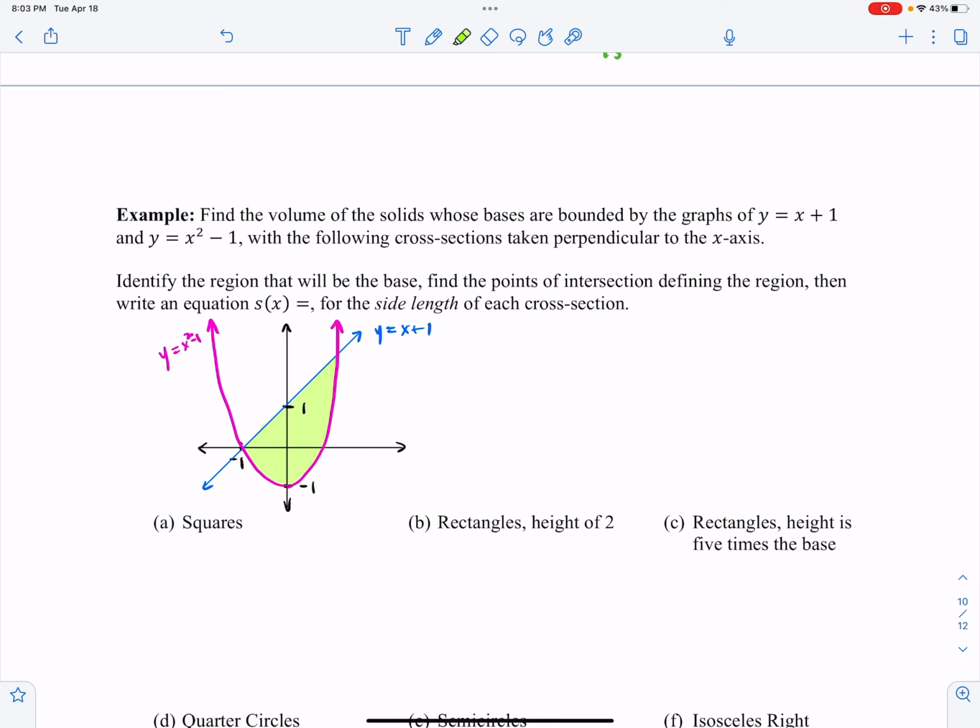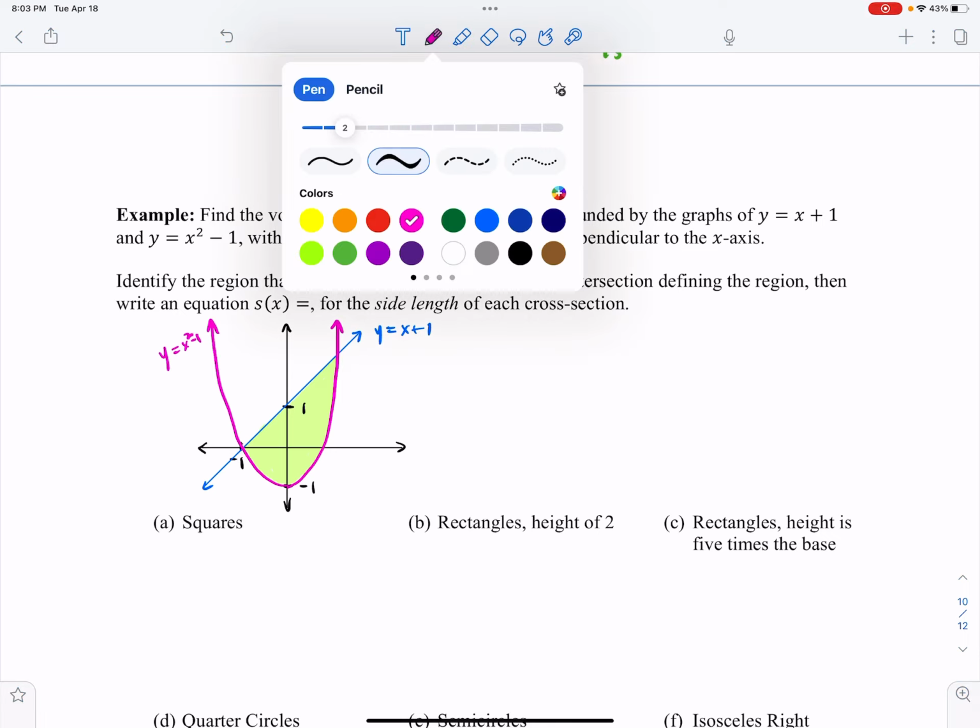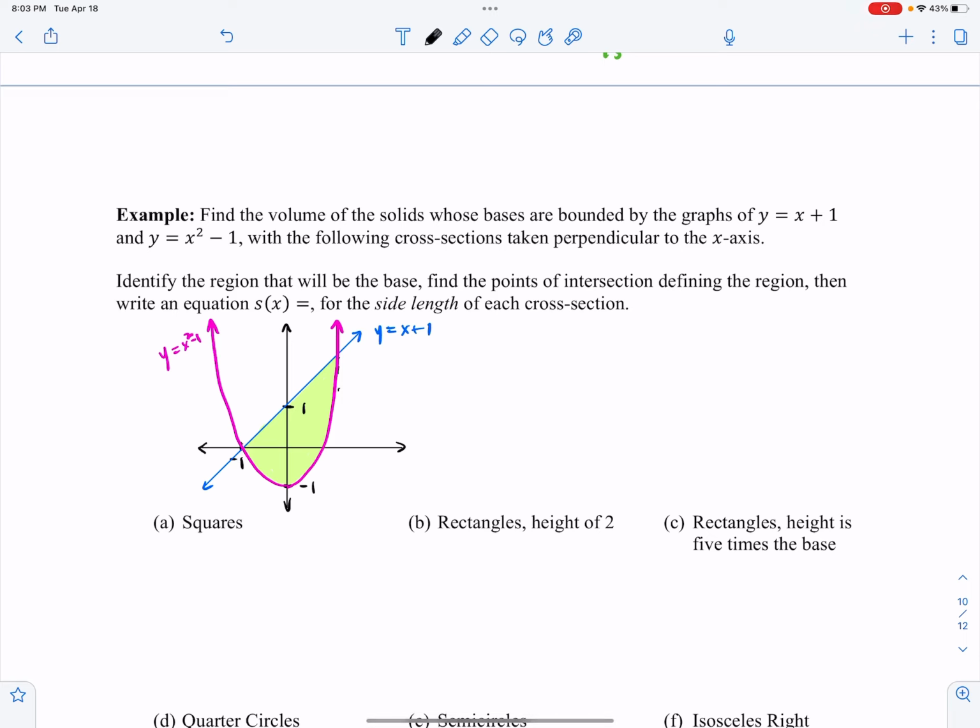And we need to figure out what interval we are going to be integrating on, right? What x interval we're going to be integrating on. That'll just be looking at the points of intersection here, right? So the first one we can see is at -1, 0.